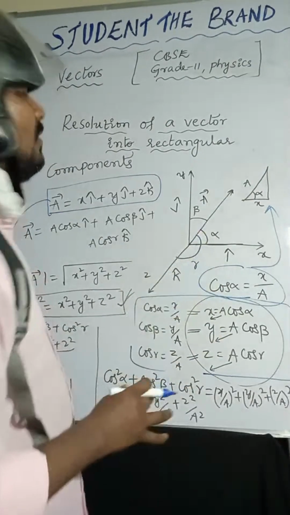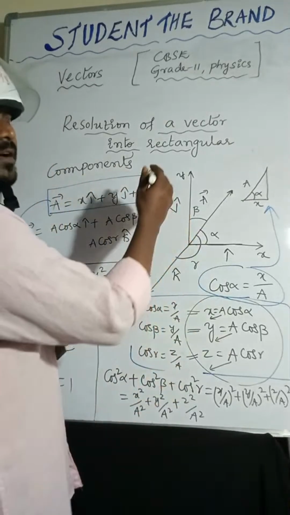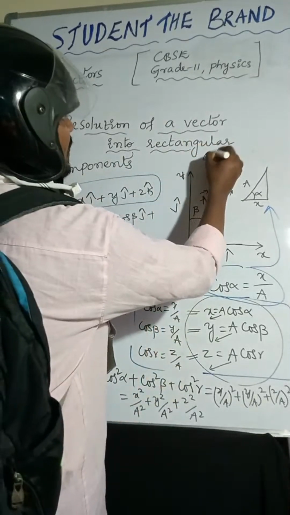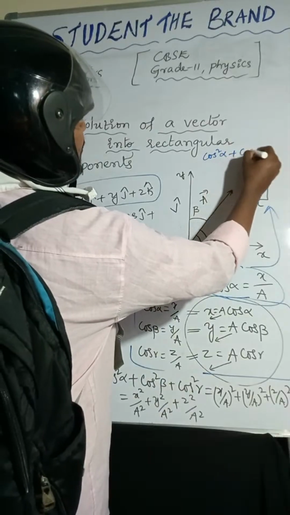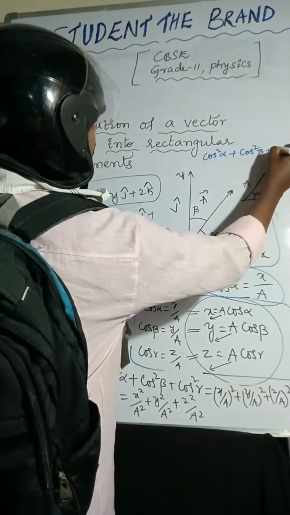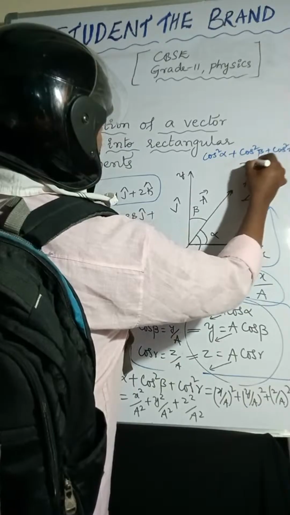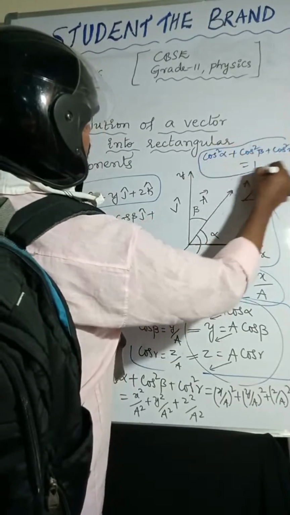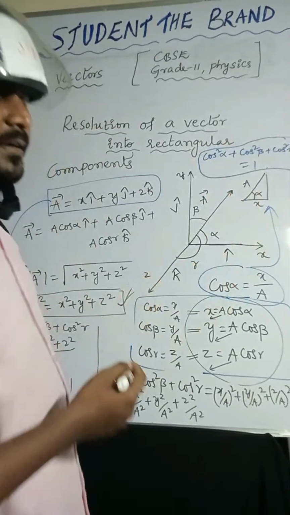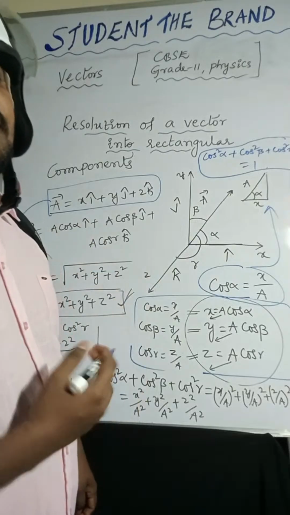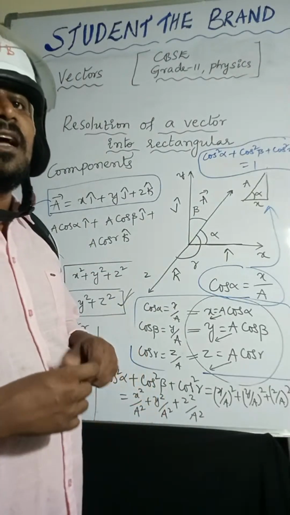So cos square alpha plus cos square beta plus cos square gamma equal to 1. Very, very important. These are the directional cosines.